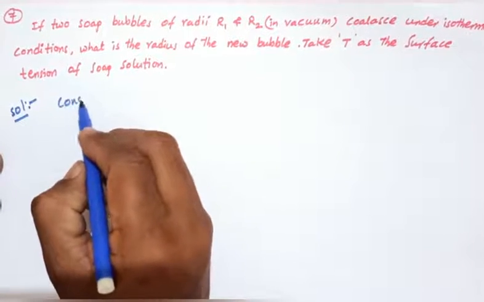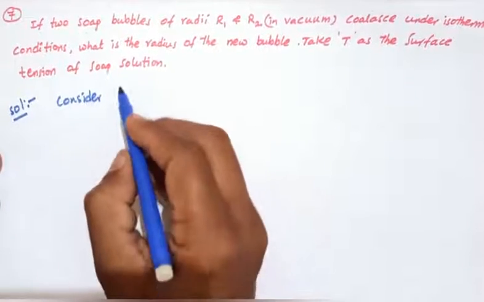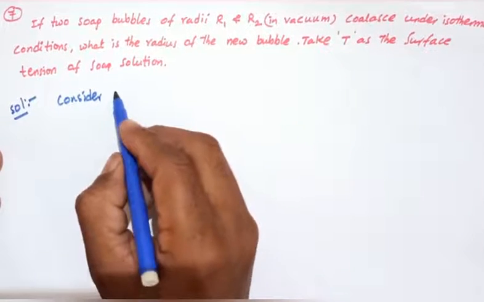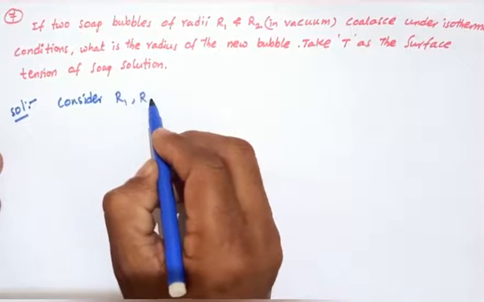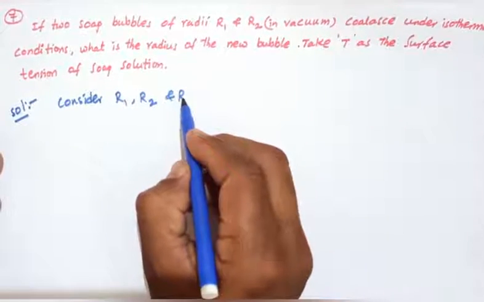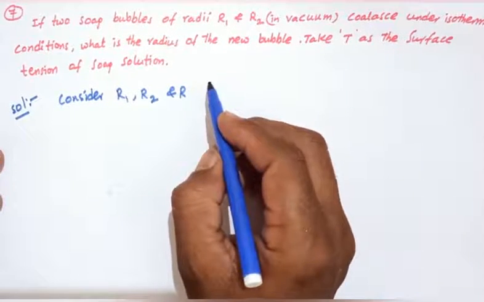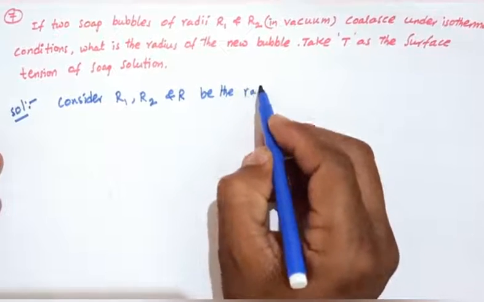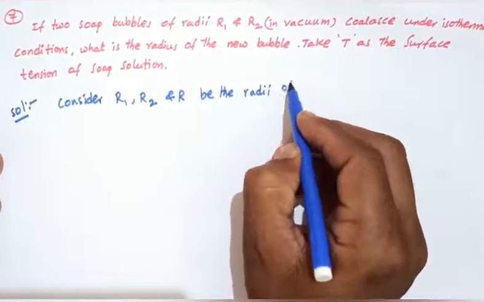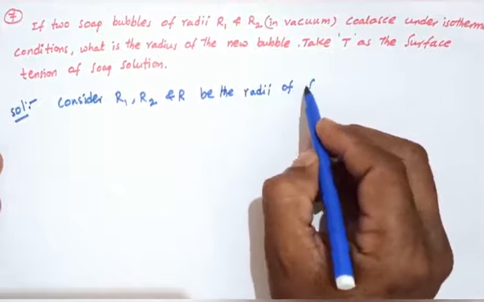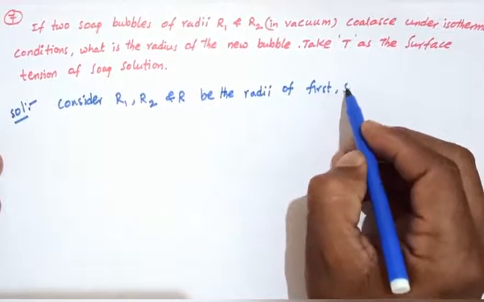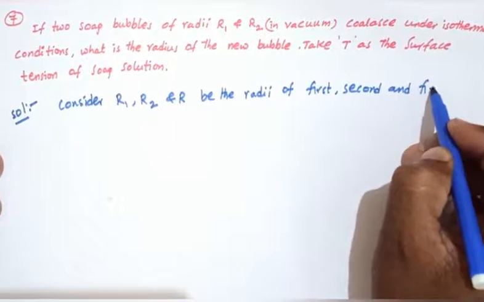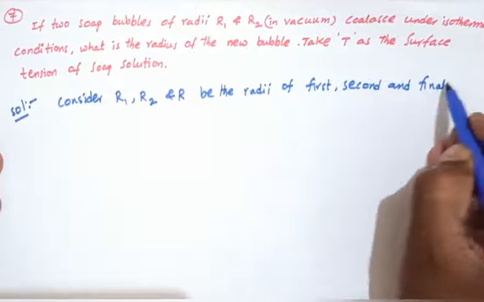Let R1, R2 and R be the radii of the first, second and final bubbles.